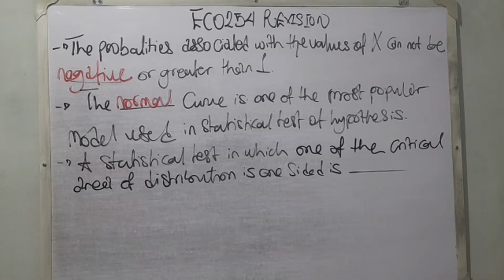I'm going to say that again. A statistical test in which the critical area of distribution is one-sided, that is either greater than or less than a certain value, but not both, is known as dash.